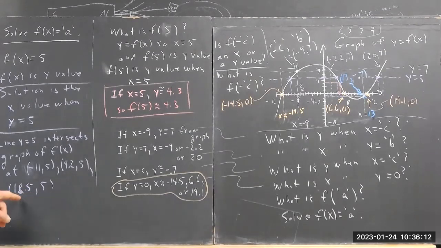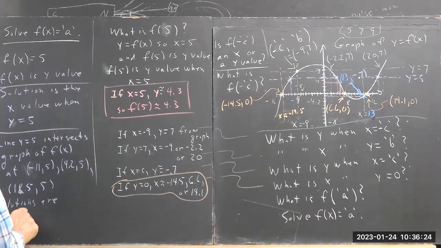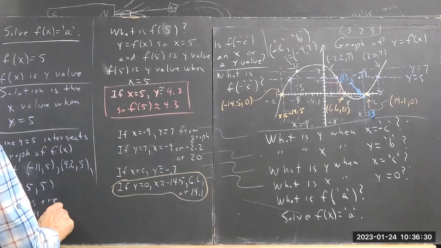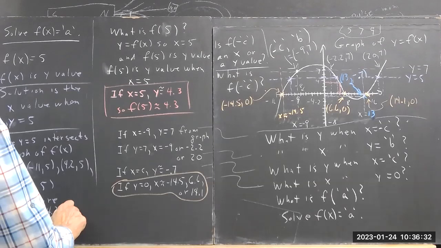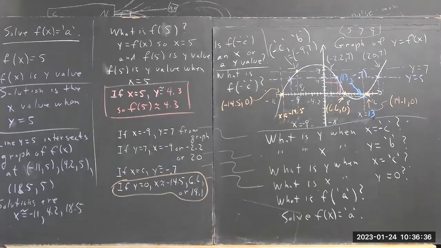Bad looking H, I made it look worse. Okay. The solutions are x equals negative 11, approximately 4.2, and 18.5.